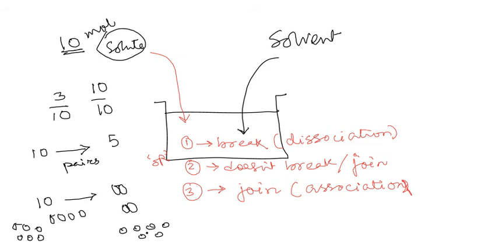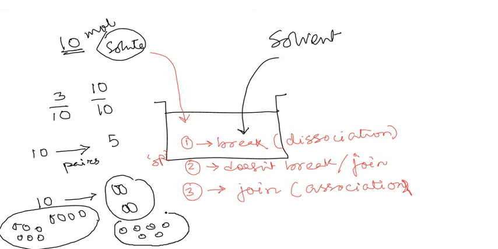So only 4 of the 10 molecules have paired up, but the rest 6 didn't. So this is partial association. Complete association would be, we had 10 molecules and all of them paired up, so we would have got 5 pairs like this.